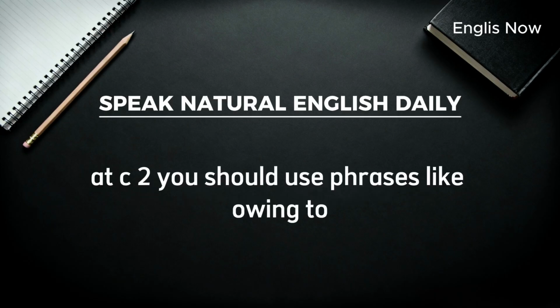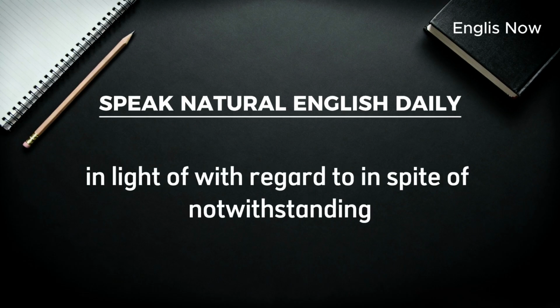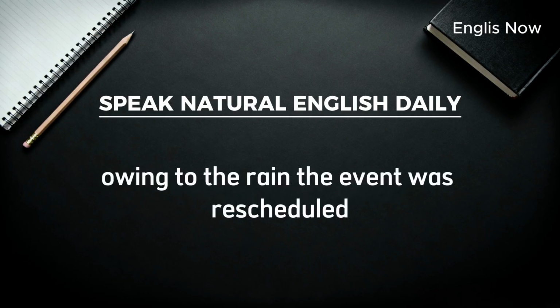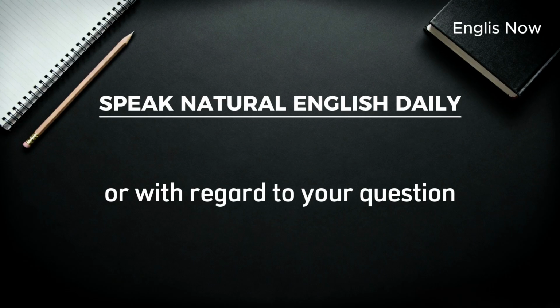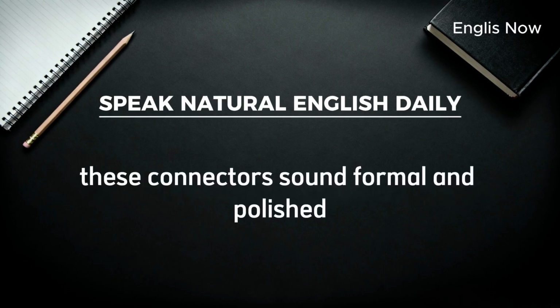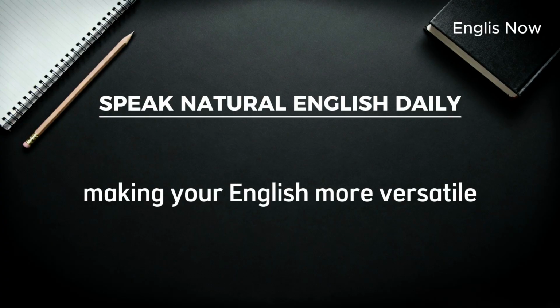At C2, you should use phrases like owing to, in light of, with regard to, in spite of, notwithstanding, provided that. For example, owing to the rain, the event was rescheduled. Or, with regard to your question, I believe we should look at the data first. These connectors sound formal and polished, making your English more versatile.